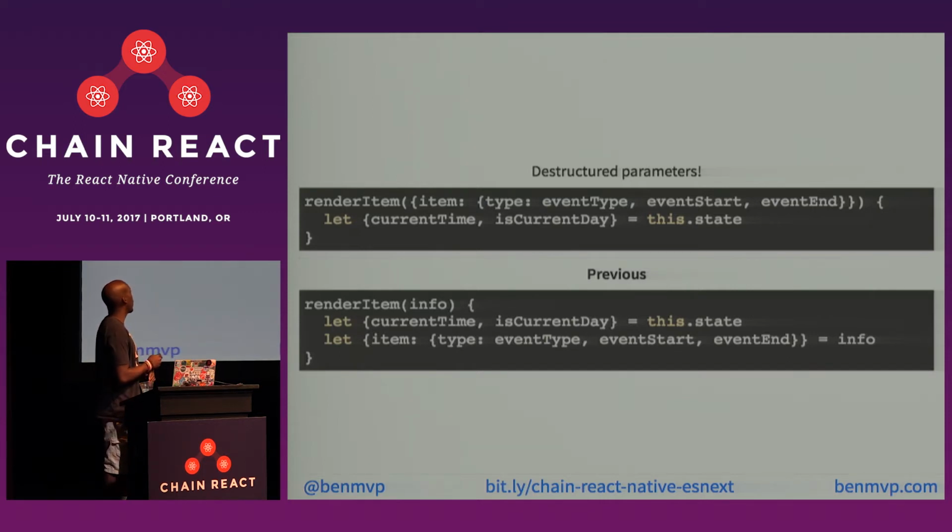So what we'll get out is eventType, eventStart, and eventEnd, and info never exists. The nice thing about this is that it's very declarative as to what properties of the object you care about. I know that I care about an object that has an item property, and within that object, I'm looking at type, start, and end.